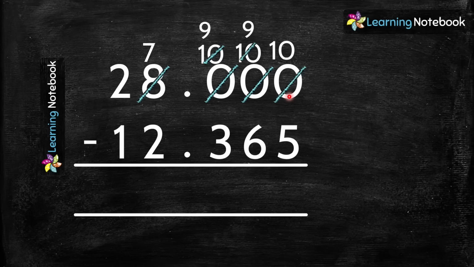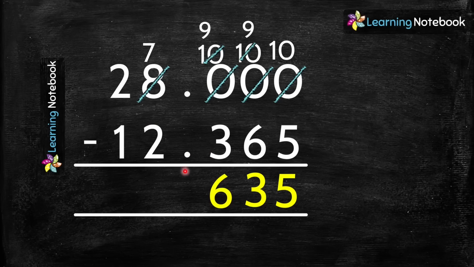And finally, this 0 has become 10, so we can subtract now. 10 minus 5 equal to 5. Next, 9 minus 6 equal to 3. Next, 9 minus 3 equal to 6. So subtraction of decimal part is complete.